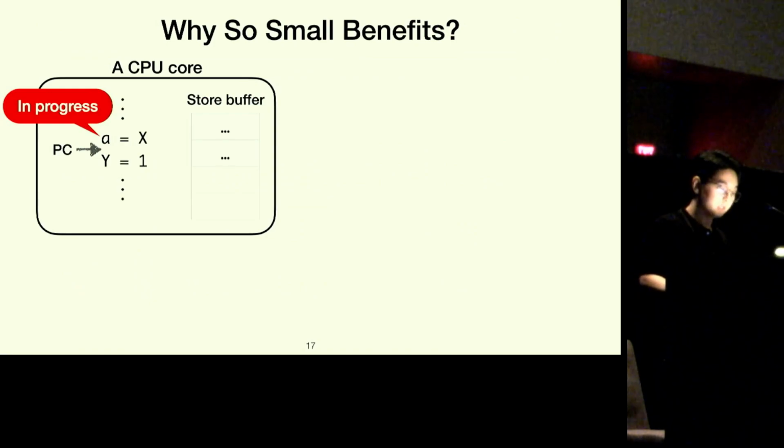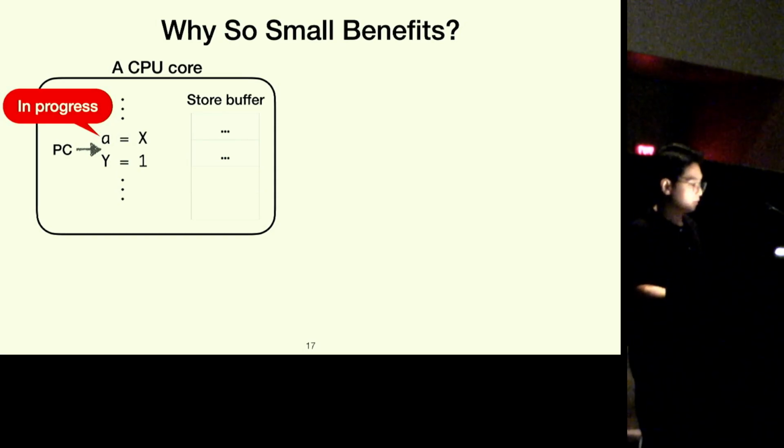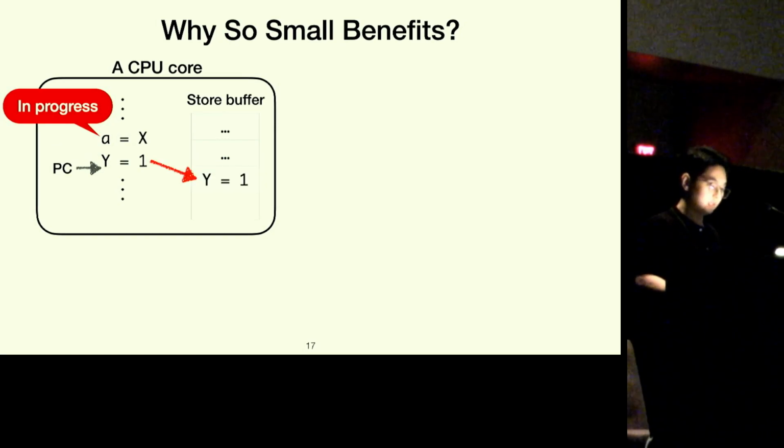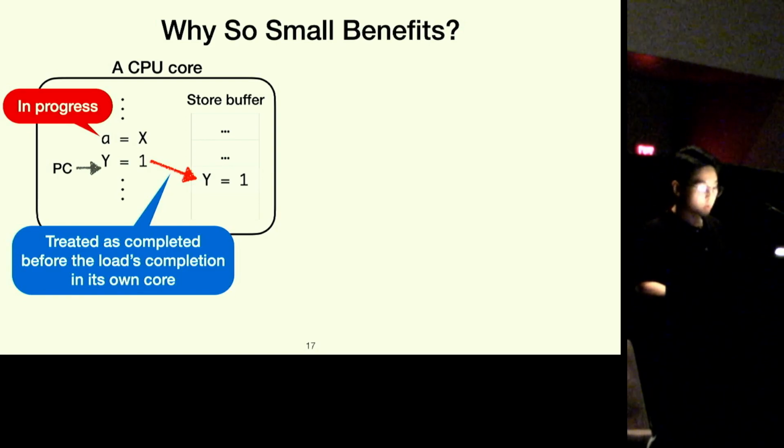To see why, suppose that a CPU core is about to execute a store y equals 1, and the previous load from x is still in progress because it is taking a long time. Now, when the store is executed, it first moves to a core-local store buffer. Then, from the perspective of its own core, the store y equals 1 can be treated as completed before the completion of the previous load.